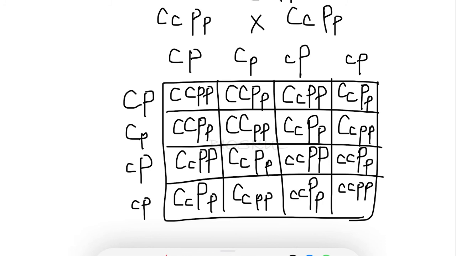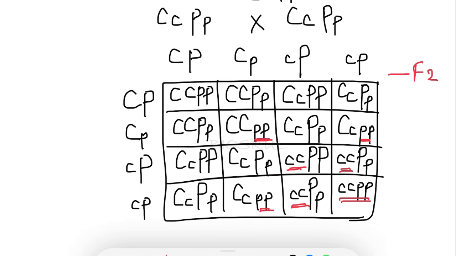So this is the F2 generation. First we will look at where the recessive forms of alleles are present. Here the recessive form of allele C is present, here also. Now we will see the recessive form of the P allele. It is present here, and in this condition both the alleles are present in recessive form.